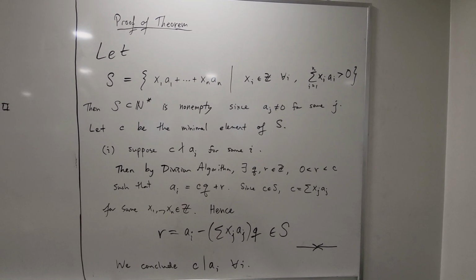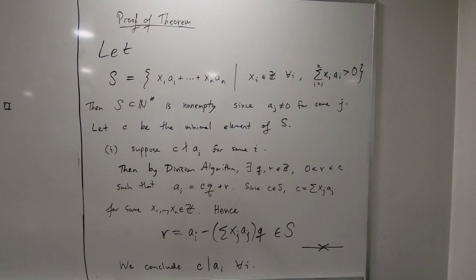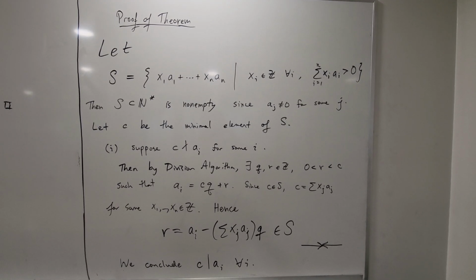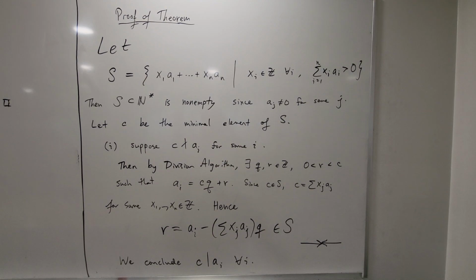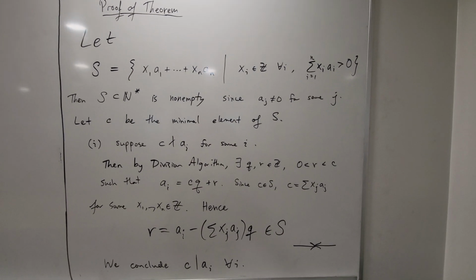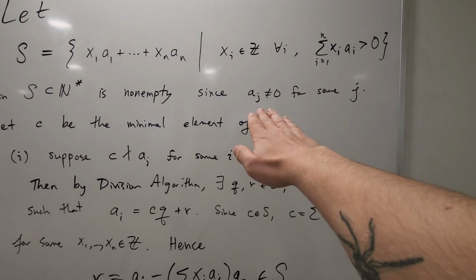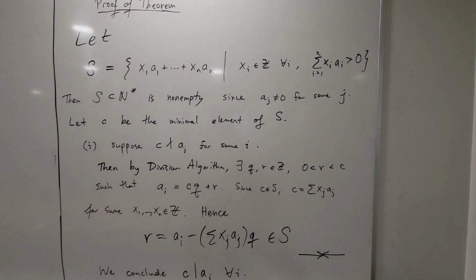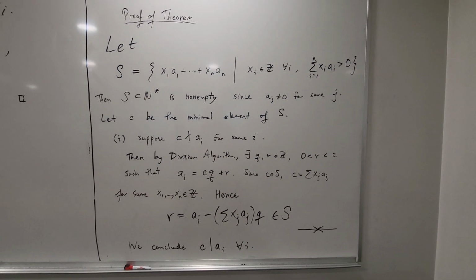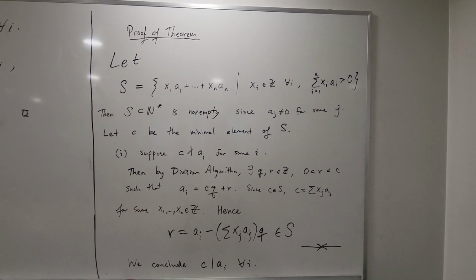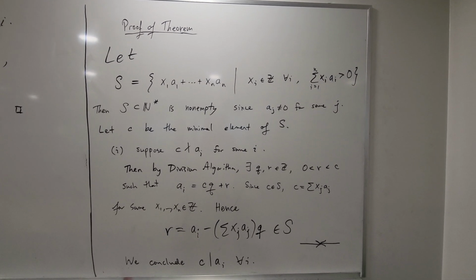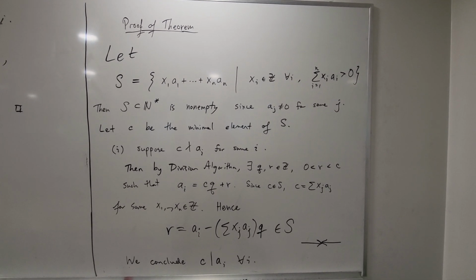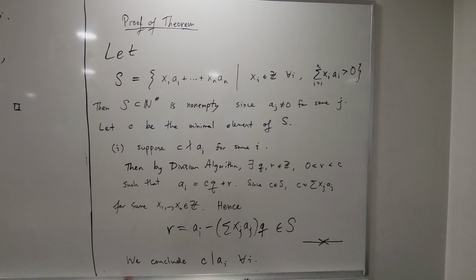Okay, so S is the set of all positive linear combinations of the a_i's. Now, this set is non-empty since we've assumed that one of the a_j's is non-zero. So, for instance, we could just take all of the x_i's to be 0 except for x_j, and then set x_j equal to plus or minus 1, depending on the sign of a_j.